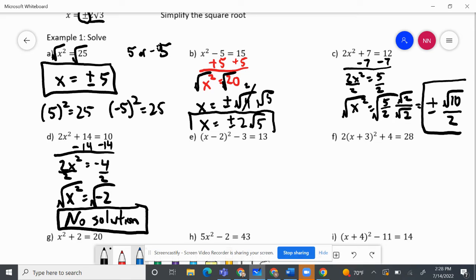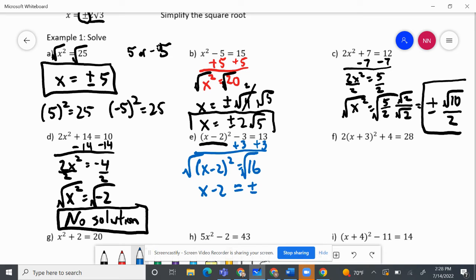Now, looking at letter E, we're going to get the x minus 2 squared by itself. That's the first thing that we're going to do. So we're going to add the 3, and we get x minus 2 squared is equal to 16. In order to get rid of the square, we take the square root. Remember, when we take the square root, there's a positive root and a negative root.